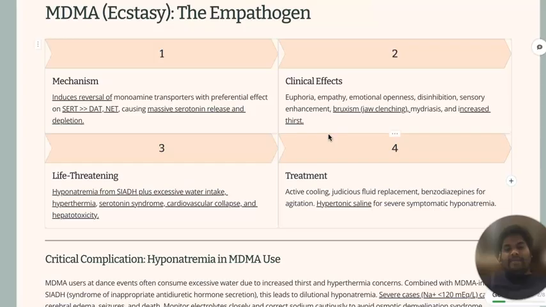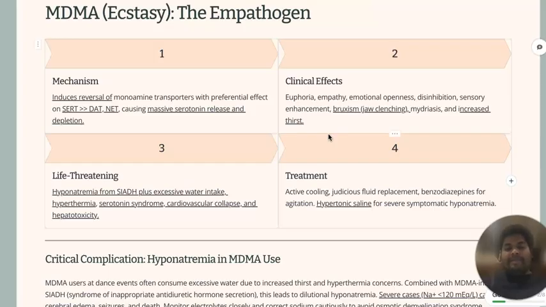And along with hyponatremia there is hyperthermia, and always the risk of serotonin syndrome, because in MDMA or ecstasy there will be an increased amount of serotonin. So if the person is taking, let's say, antidepressants like SSRIs, then there is always a risk of serotonin syndrome if he or she accidentally takes MDMA or ecstasy during the dancing at the party in the evening.